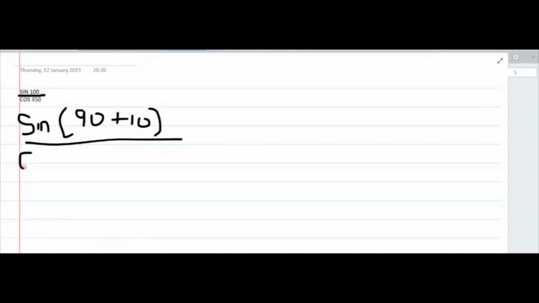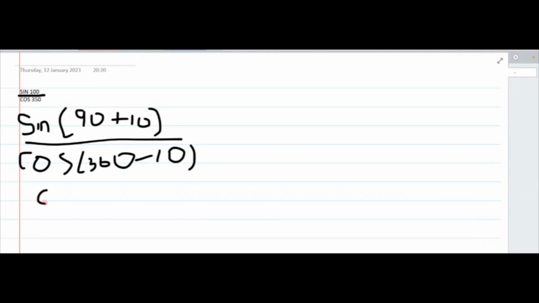So we say cos of 360 minus 10, which makes 350, and we know that sin of 90 plus 10 changes to cos theta, and theta is 10 because theta is any angle that is less than 90 degrees.